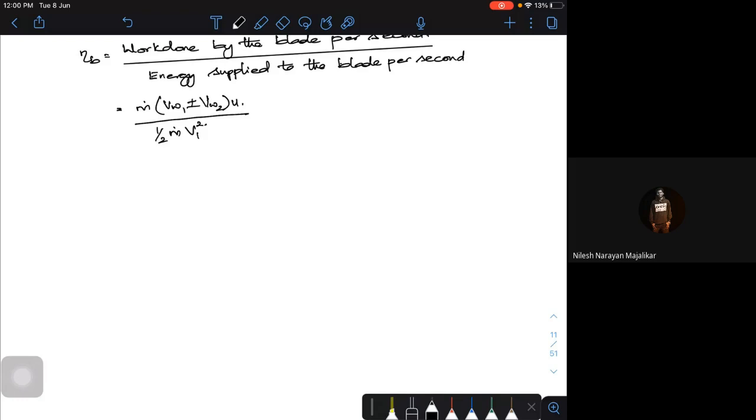Half mv square is the kinetic energy. So kinetic energy, that is the energy supplied, is given by half mv square. This is the formula we use. That is the energy input.